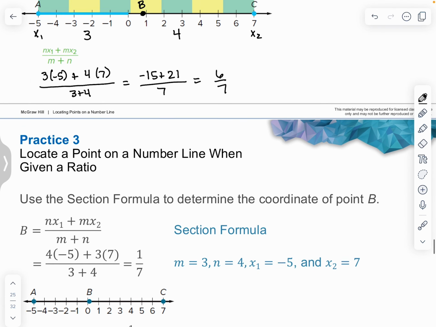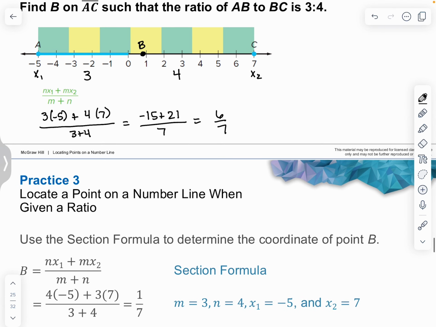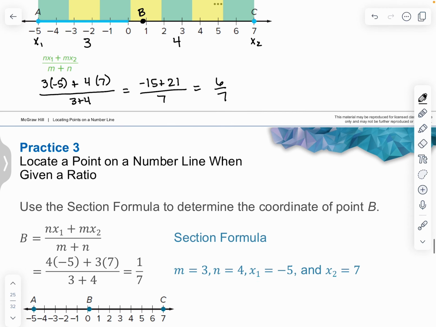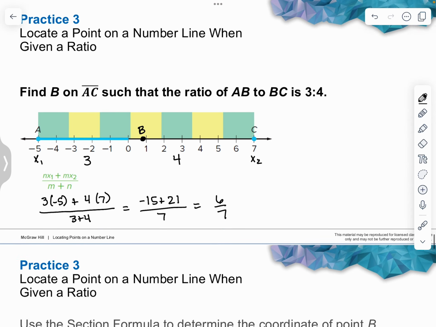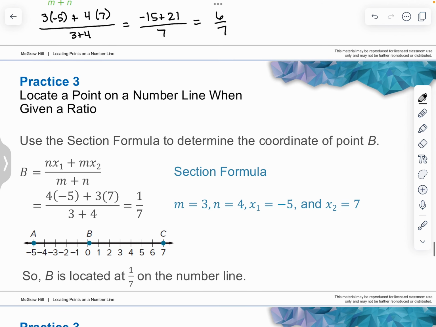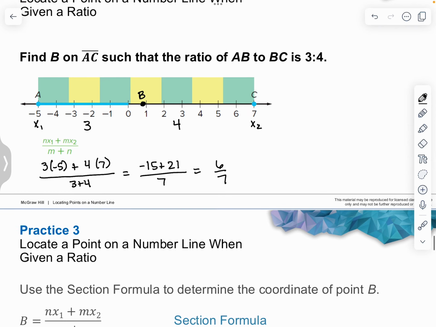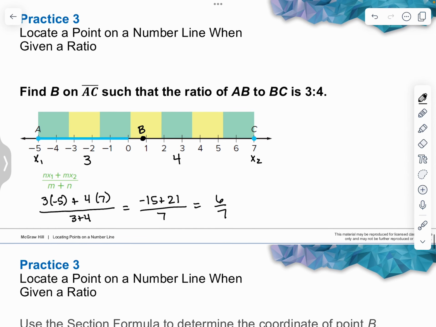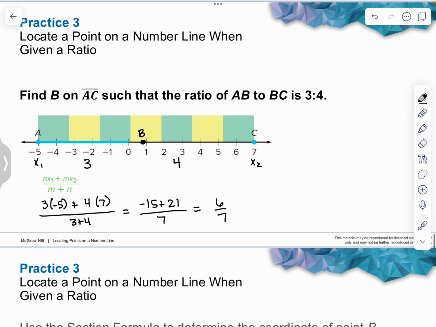Oh, I did it wrong. It should be 1/7. I did them backwards: it's n times x1 plus m times x2, so 4 and 3.